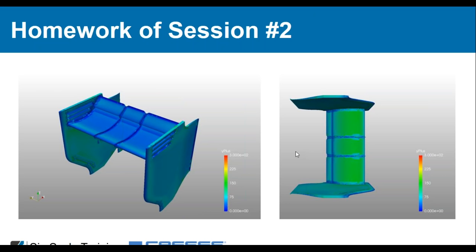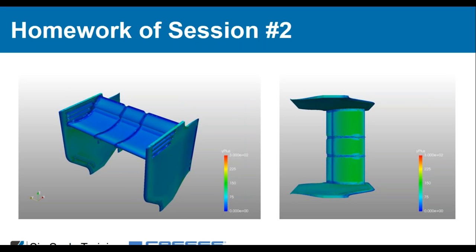Another very important thing is that when looking at your mesh and investigating Y plus, you really don't forget that even a small area having higher Y plus numbers can cause a lot of problems. So you should be really careful about this.